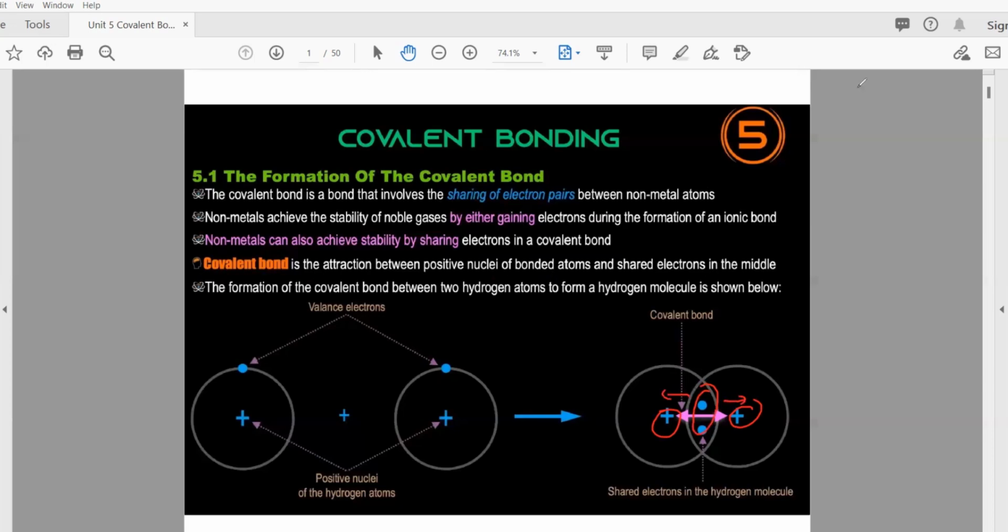The formation of a covalent bond between two hydrogen atoms to form a hydrogen molecule is shown below. They have given the example of the hydrogen atom. And which bonding is this? Covalent bonding. Did you get it? Please confirm.